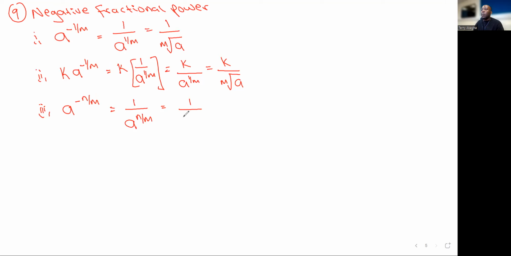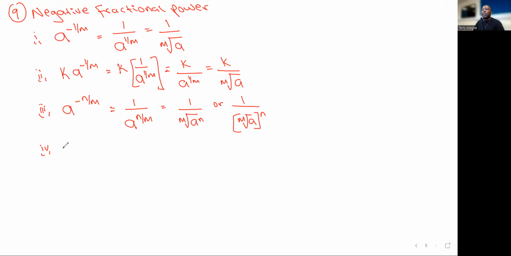So the bottom one is going to be the mth root of a raised to the power n, or you can say 1 over the mth root of a all raised to the power n. Like I said, please don't get scared, okay? I'm going to solve examples for each of these rules in the subsequent videos. It's very, very easy. I can promise you that.